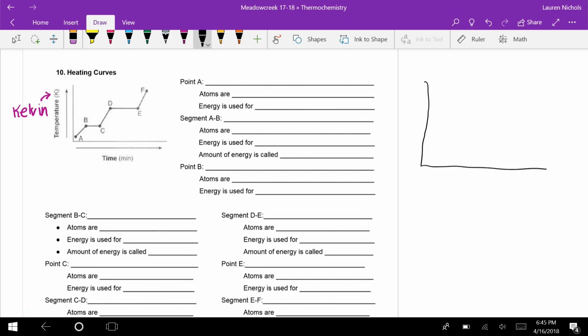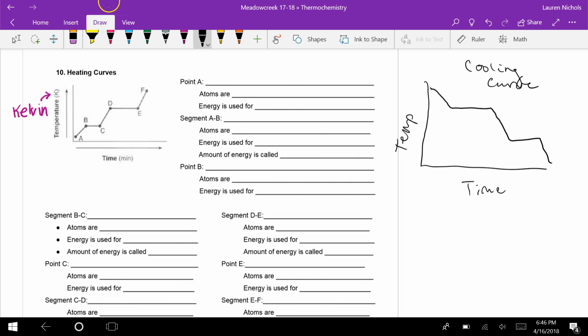If we're looking at time and temperature, sorry for my sloppy handwriting, if you start off at a high temperature and begin to cool down, then this would be referred to as a cooling curve.